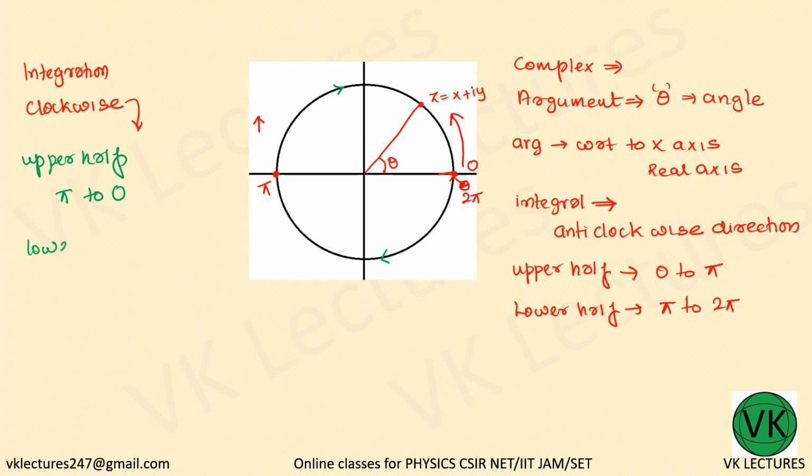Lower half, it is from 2 pi to pi, or pi to 0 in the other convention, and in the lower half it is from 0 to pi. Or you can take 0 to 2 pi. Either of these two things you can take, both are the same, there will be no change.